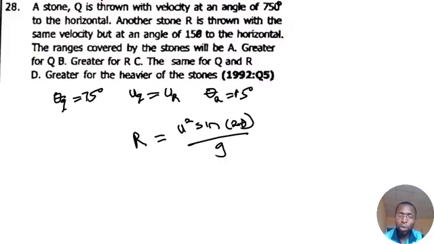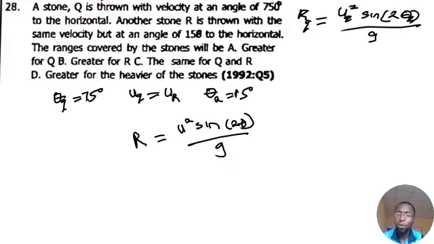Now we are going to do it for stone Q. The range for stone Q will be R Q. R Q will be equal to u Q squared sine 2 theta Q over g. g is constant.